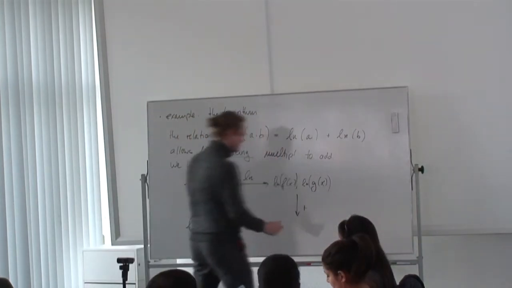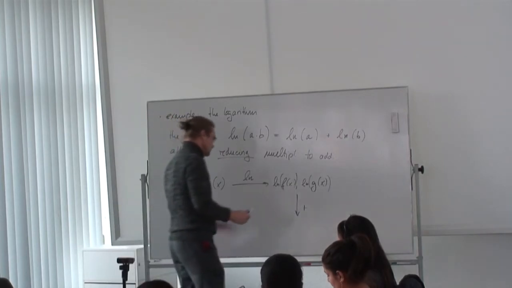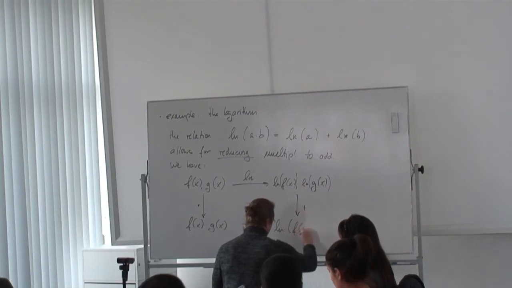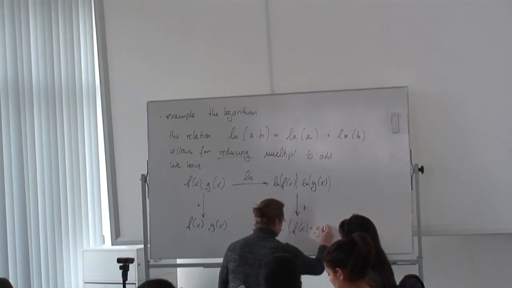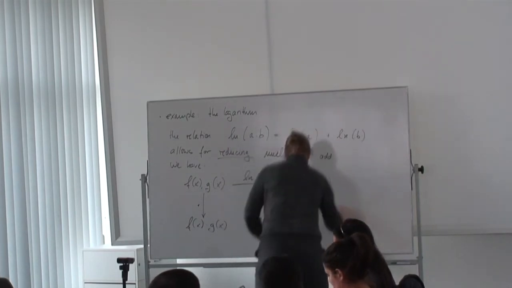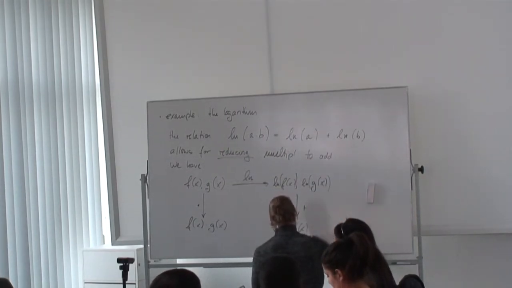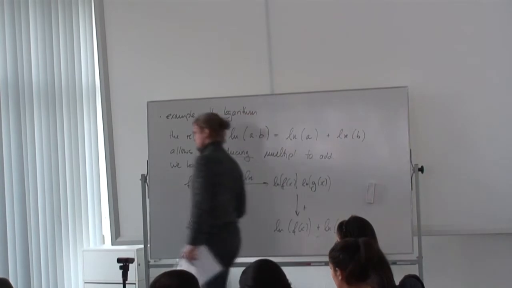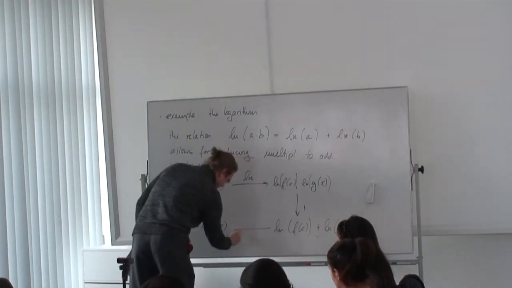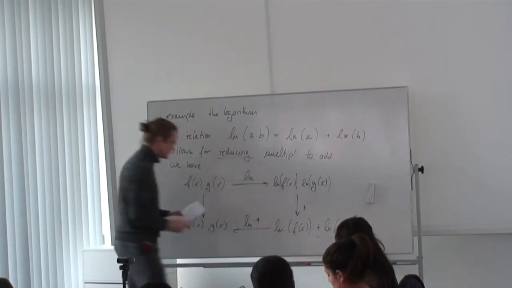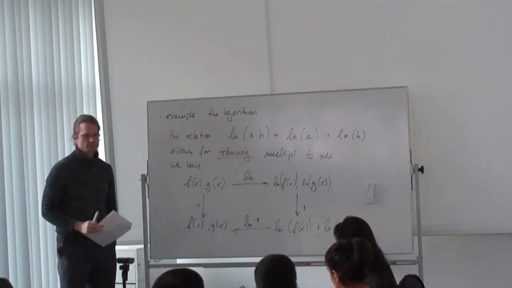Adding two functions is simpler than multiplying them. And we get ln f of x plus ln g of x. Once we are there, we may take the inverse operation to obtain the product of the two functions.